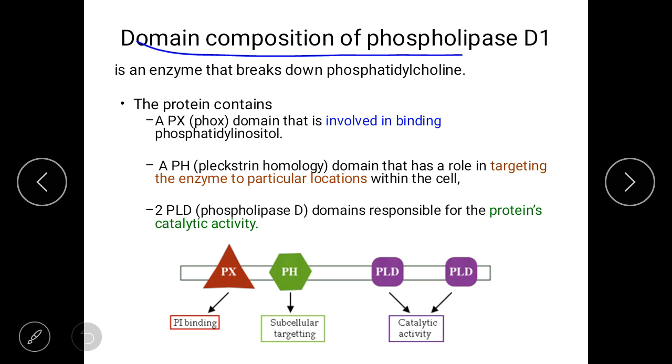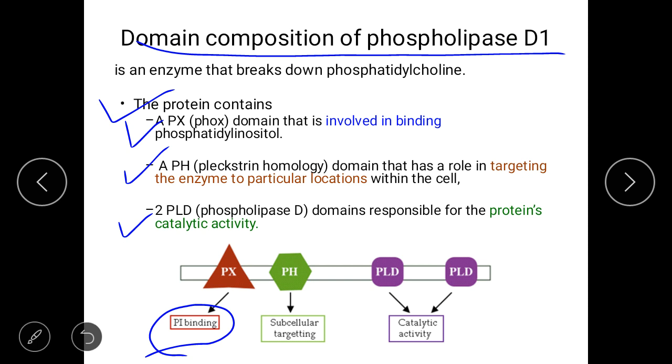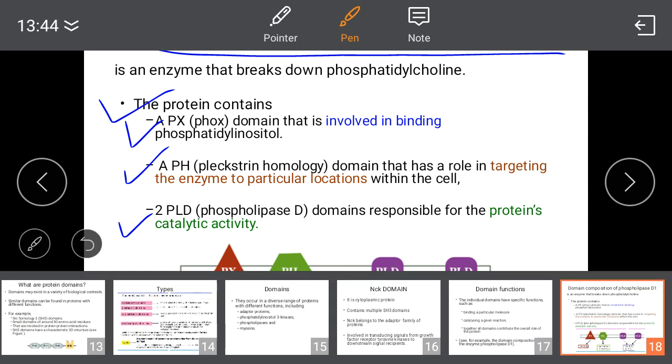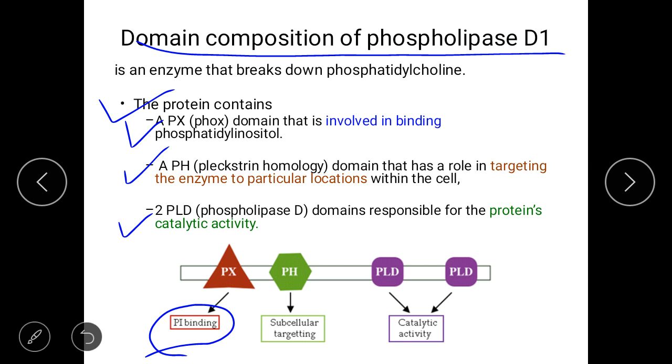So the domain composition of phospholipase D1: it contains three domains, PX domain, PH domain and PLD, that is phospholipase D domain. The PX domain helps in PI binding, that is phosphatidylinositol binding. The PH domain, that is pleckstrin homology domain, is helpful in subcellular targeting, or targeting the enzyme to a particular location.